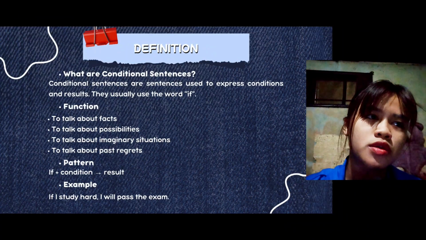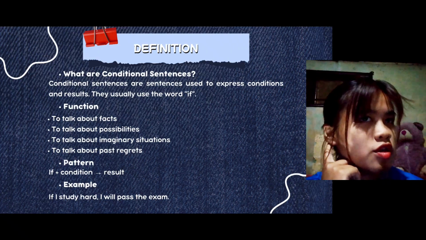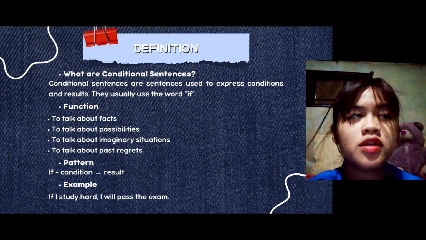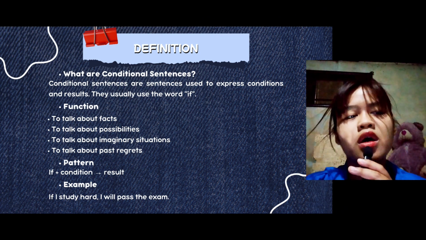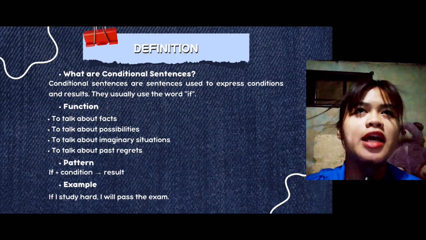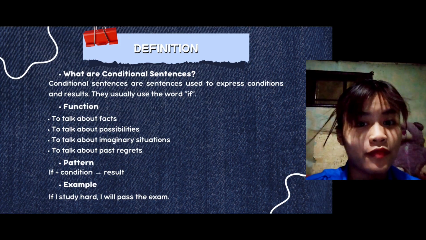First is the definition. What are conditional sentences, or conditional if? Conditional sentences are usually sentences used to express a condition and a result. They usually use the word if.